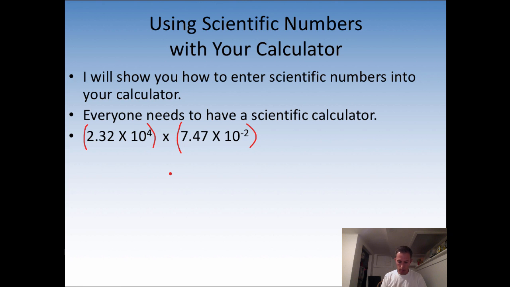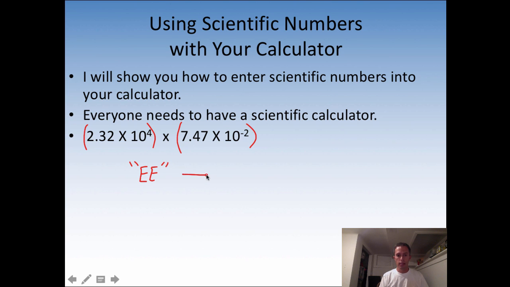If you look at your scientific calculator, they're all different, so I can't tell you exactly where it is, but there's a button that has a capital E, and a lot of times it's two big E's. That means something very important. That means scientific notation. I call it the big E button.